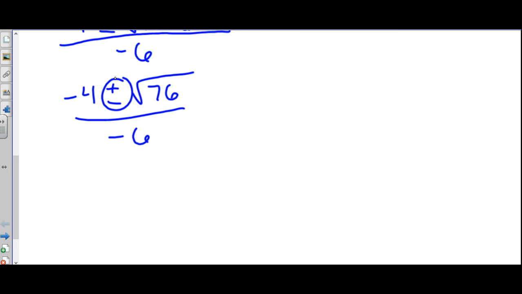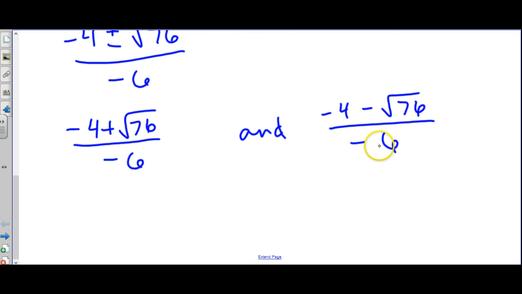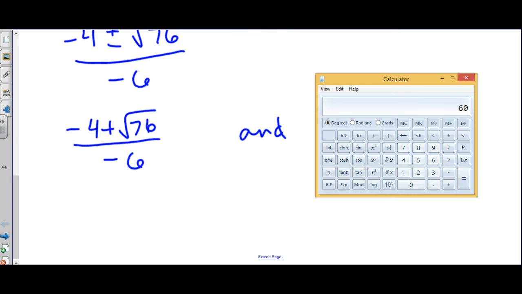The plus minus symbol in the quadratic formula is solely because mathematicians were too lazy to write this out 2 times. There's really the first problem where it's plus square root 76, and there's really the second one of minus square root 76. So we have to plug both of these into our calculator now to get our decimal.